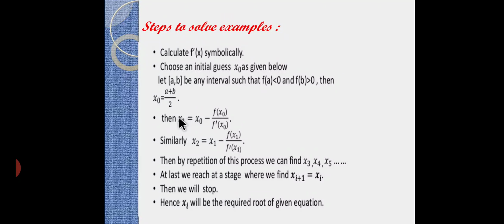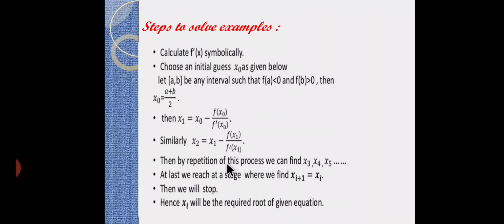Then we find the first iteration using the formula x1 is equal to x naught minus f of x naught by f dash of x naught. Similarly, for the second iteration, x2 is equal to x1 minus f of x1 by f dash of x1.